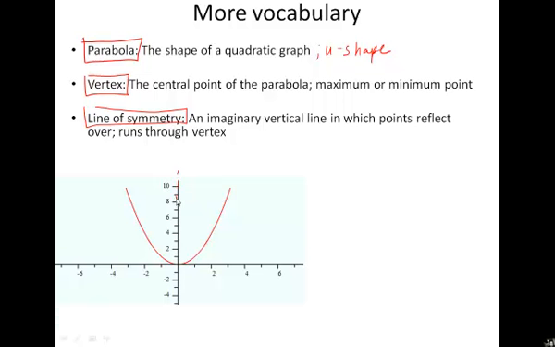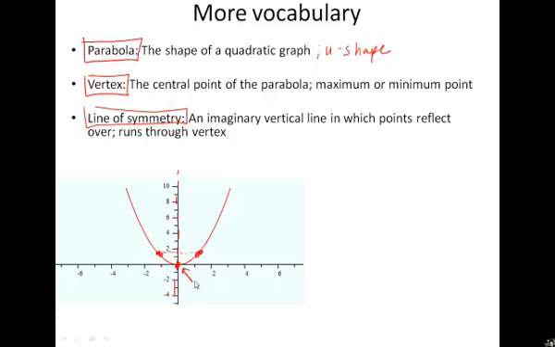So I am going to go ahead and draw that line of symmetry. It goes right down through our vertex. You can see that any point on this side is going to be directly reflected, the same distance and the same height on the other side. So if you know that you went back 1, up 1, then you would know that you're going forward 1, up 1 as well.